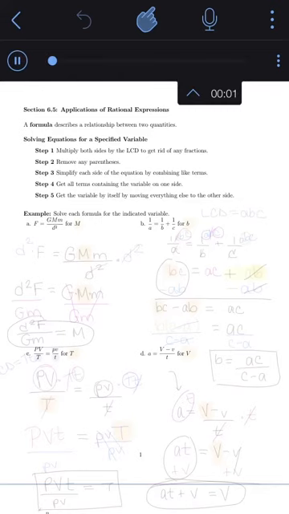In section 6.5, we'll do the same thing that we did in section 6.4. We're going to get rid of any fractions by multiplying everything by the LCD to solve our equations. I know that our equations will look a little bit more involved because you'll see more letters because they'll be considered formulas, not just regular equations.